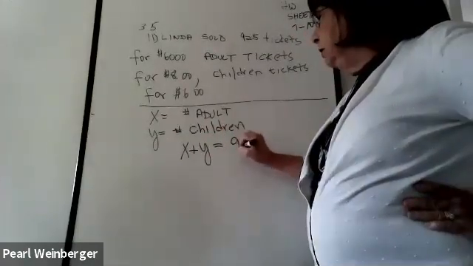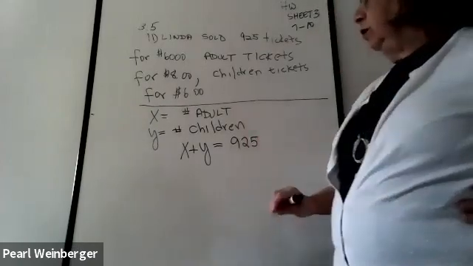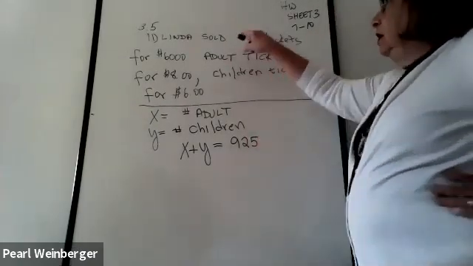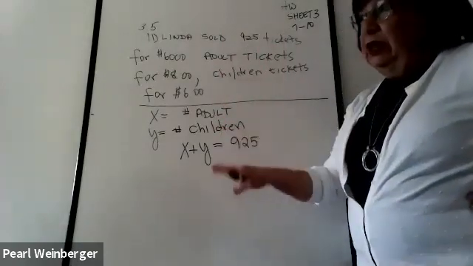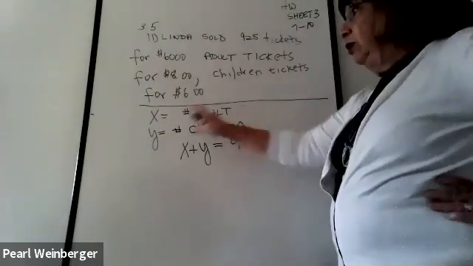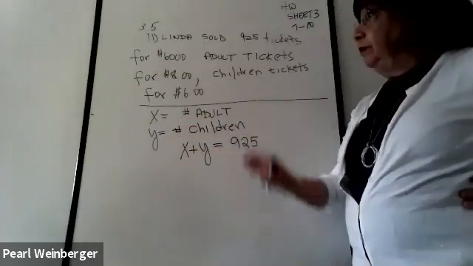So X plus Y has to equal 925. Notice 925 has nothing to do with how much each ticket cost. It's just a total. So I don't use anything that has to do with money on that first equation.